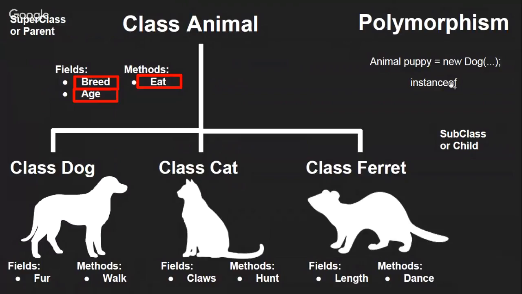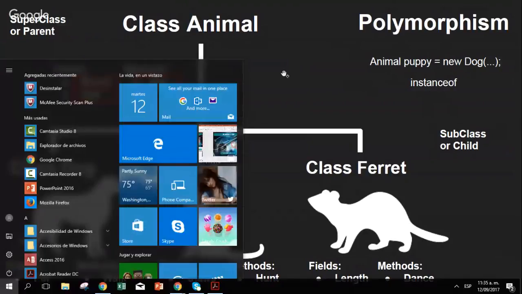So we can store a child class in a superclass. As you see in this piece of code, we can declare the animal and store in there a subclass. And we can know which of the subclasses it is with the code instanceof. So we are going to try it in the main method.